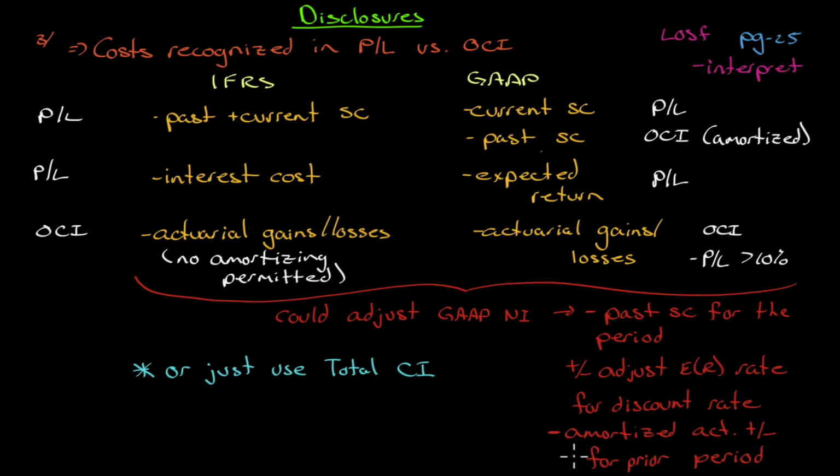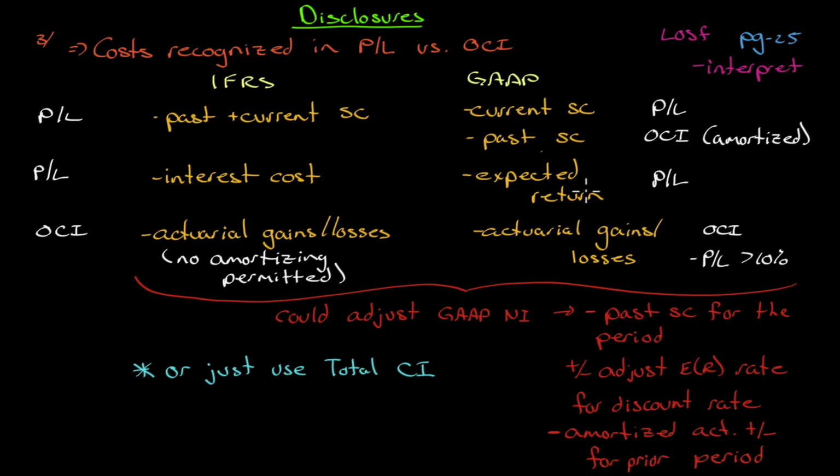And then what you would do is you would back out any charge in P&L for amortization from previous periods because of that. And finally, you'd make an adjustment. You'd add or subtract an adjustment between the expected return versus the interest cost. So you'd recalculate what the expected return would be if it used the same interest cost for discounting as it does on the expected return.